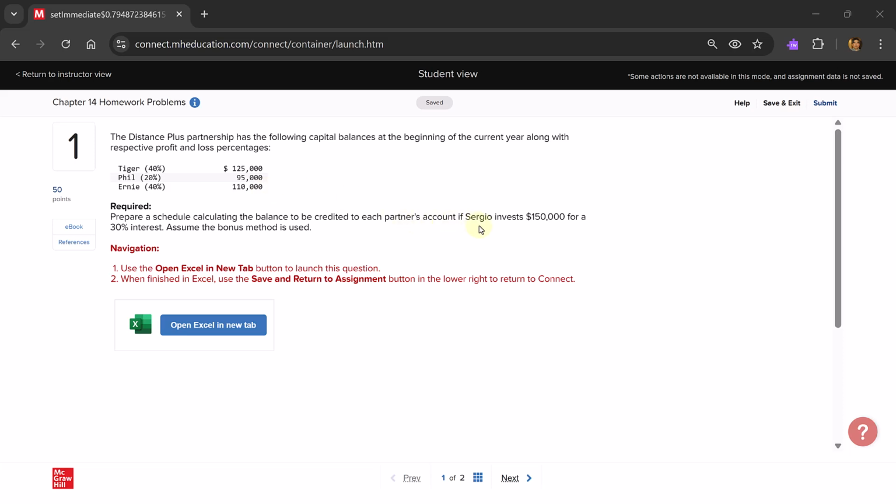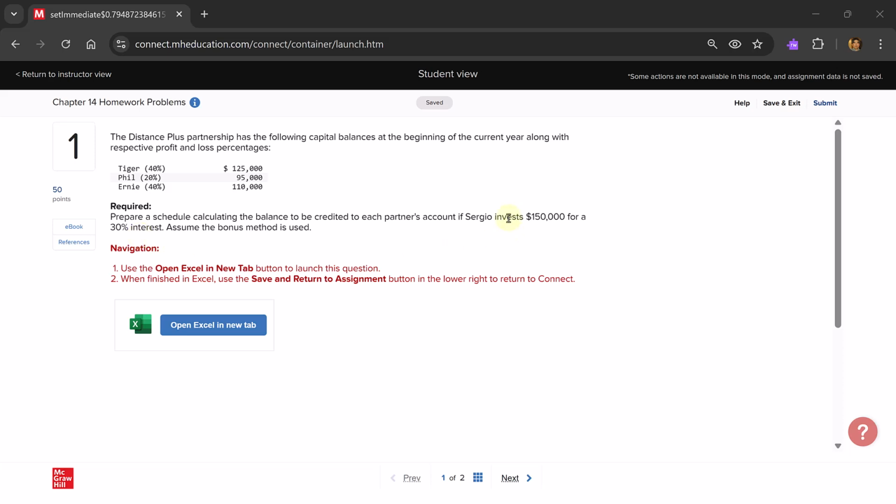And when Sergio is admitted to the partnership, he's going to invest $150,000 into the partnership. So the partnership is going to end up with existing assets equal to these amounts here, plus another $150,000 cash, of which the total, now Sergio is going to have a 30% interest.